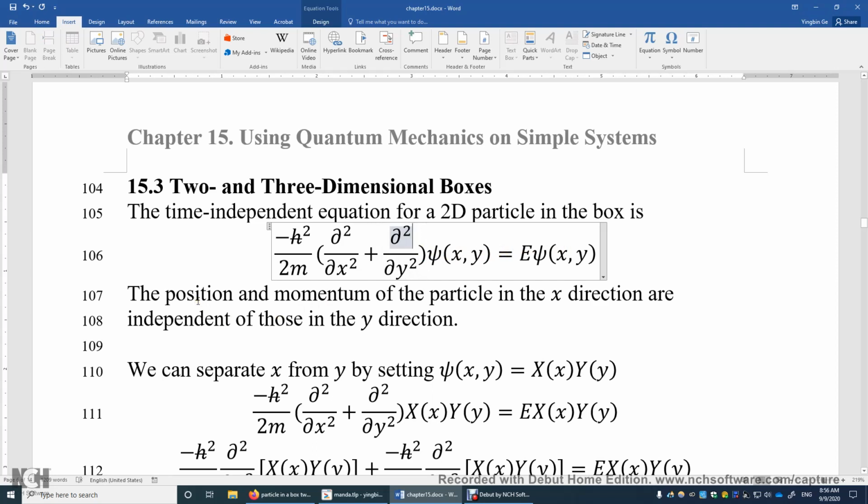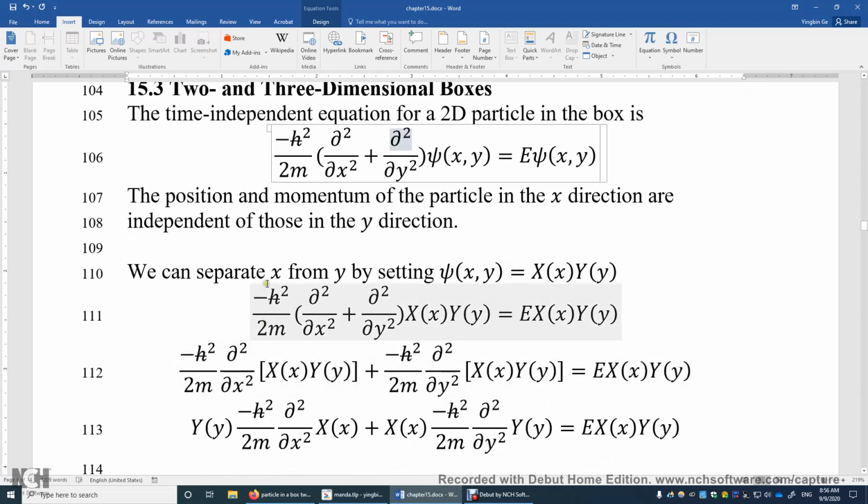The position and momentum of the particle in the x direction are independent of the position and momentum of the same particle in the y direction. We can separate x from y by setting this wave function of x and y to be a product of a function of x and a function of y.